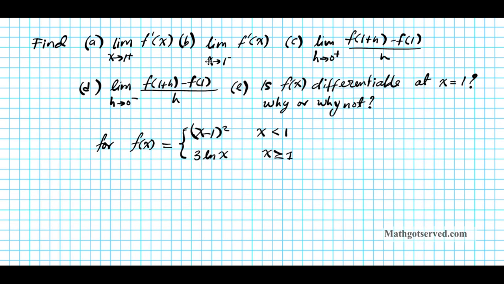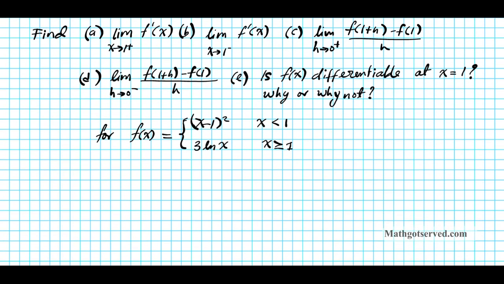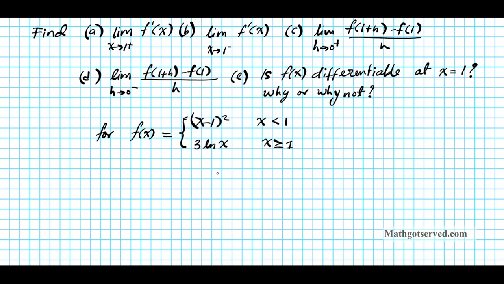In order for us to answer parts A and B, we need the derivative of this function, and then we can take the limit as x approaches 1 from the left and right. So let's take the upper function. For x less than 1, we have f of x equals x minus 1 squared. So what's the derivative? f prime of x, using the chain rule, is 2 times x minus 1 times 1, which is equal to 2x minus 2.